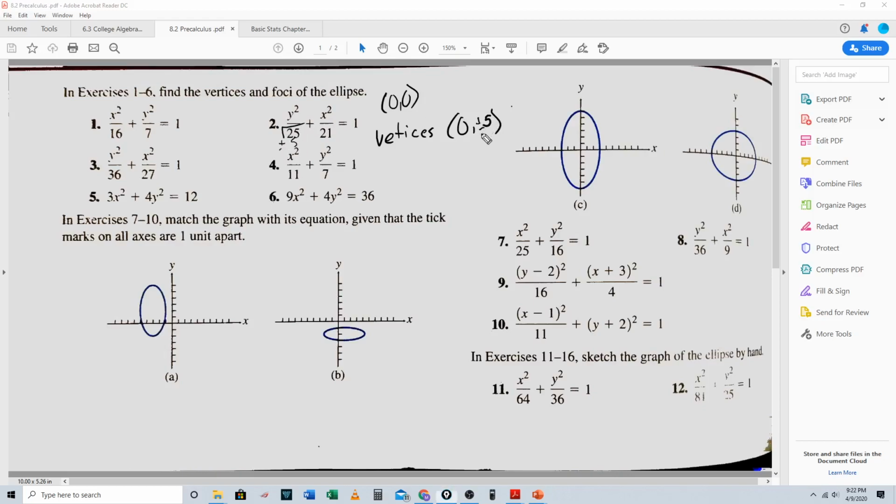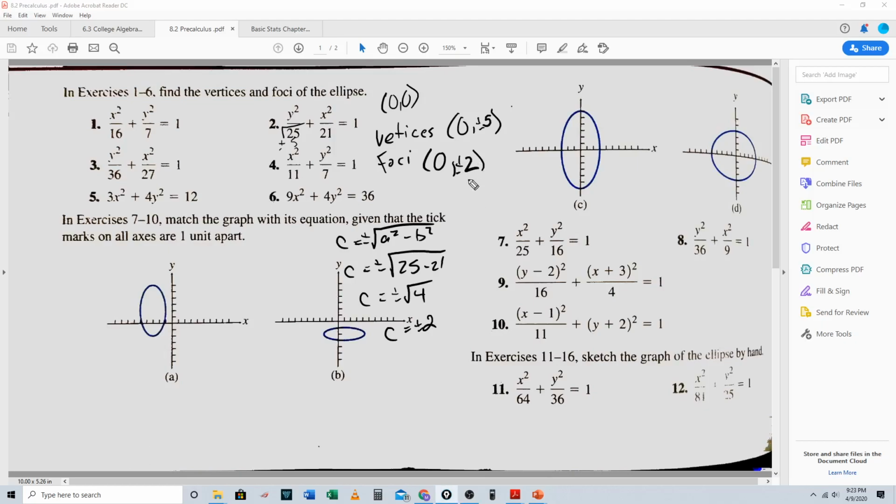So the vertices are (0, plus or minus 5). The foci points are the ones we've got to work on because we have to find c. So again, c is equal to the square root of a squared minus b squared, which are your denominators. c is equal to the square root of 25 minus 21. c is equal to plus or minus the square root of 4, which is plus or minus 2.